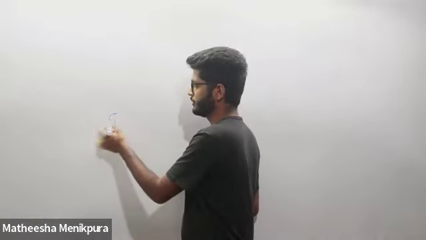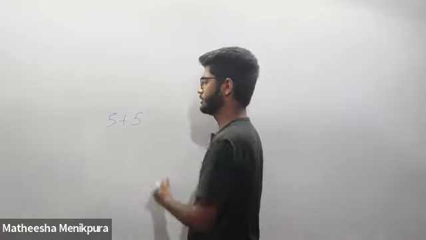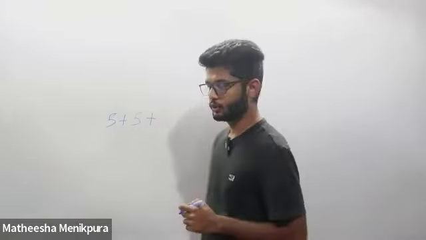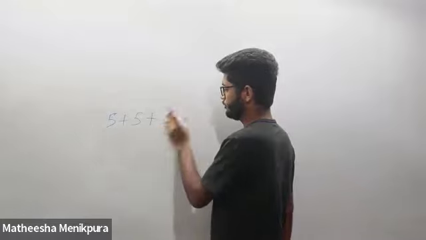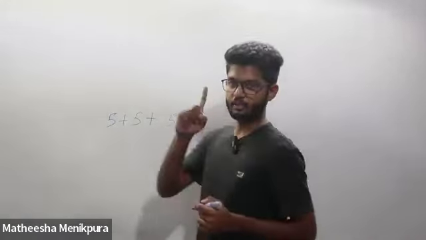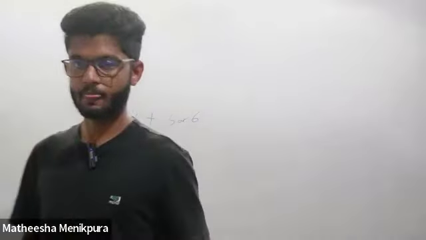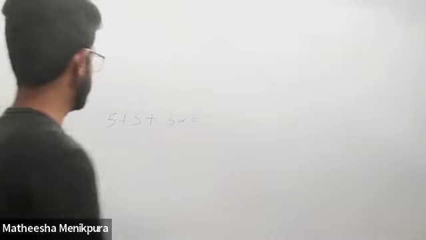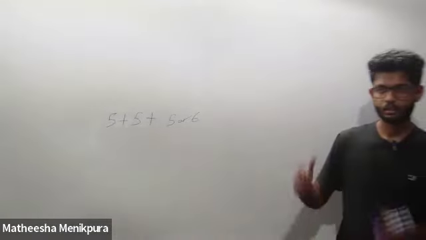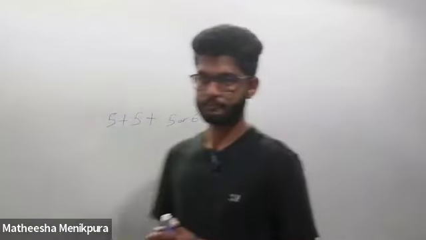Definitely, from simultaneous and quadratic equations, you will get 5 marks and 5 marks. And from this whole unit algebra, you will get 5 or 6 marks in the Part 1 paper. So altogether, you will be able to get 15 or 16 marks from just this unit.